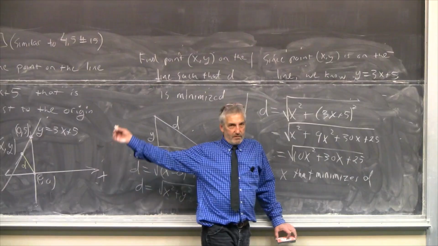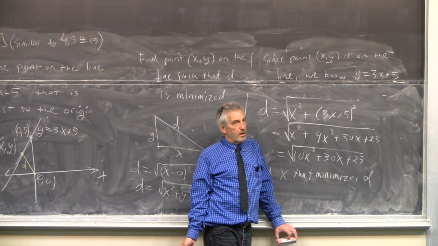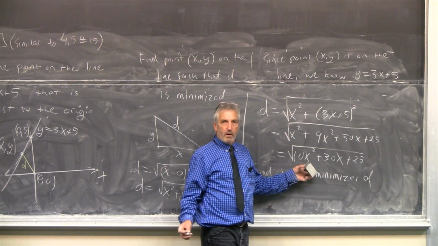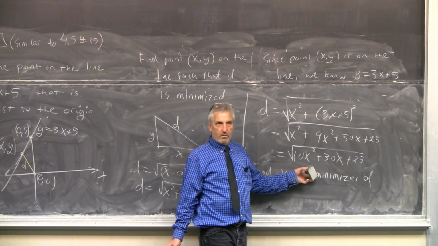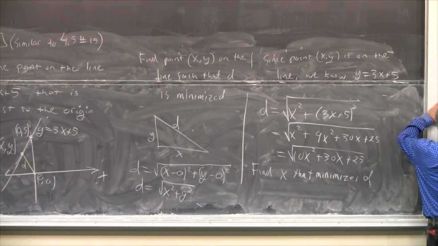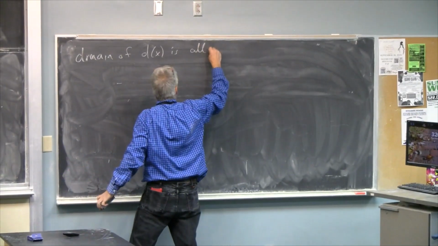So in fact, in this diagram, the distance d will always be a positive quantity. That's going to be useful to know that this thing always exists and is always a positive number. It's never 0. It's never undefined. So the domain is all real numbers.